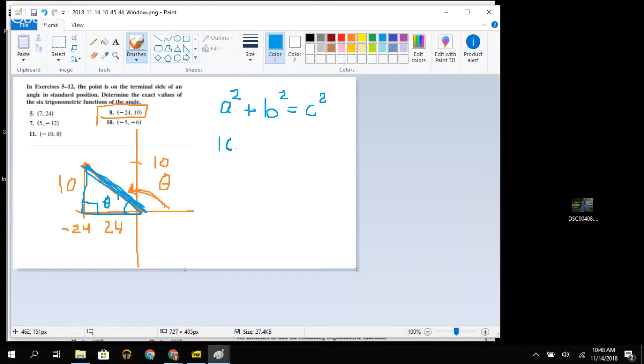So I could do 10 squared plus 24 squared equals c squared. If I add those, I get 676 equals c squared. That was nice of them, they made it work out. So c equals 26.